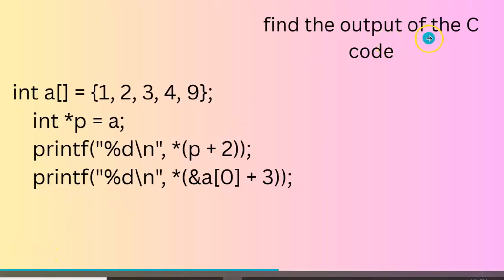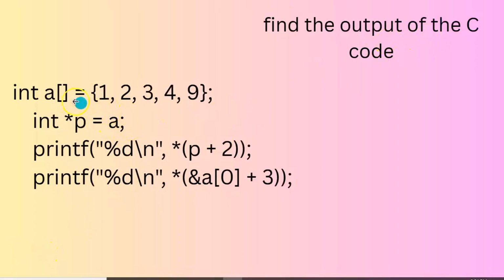Find the output of the C code given here. So we have declared an integer array A with the elements 1, 2, 3, 4, 9, and P is a pointer variable to integer data type, and it is assigned with the address of A of 0. So when we print the content of P plus 2, initially P is pointing to this element. As we are adding 2, we already discussed the addition of integer to the pointer.